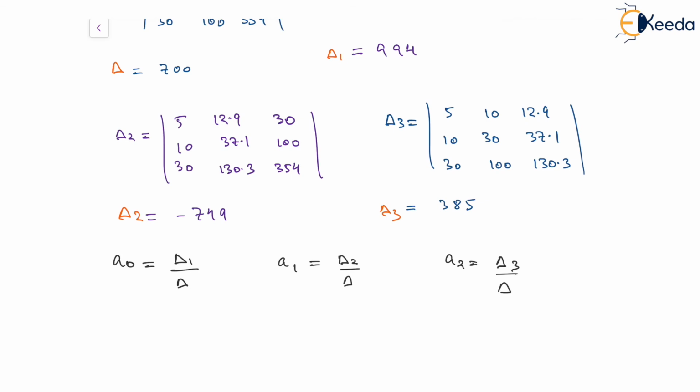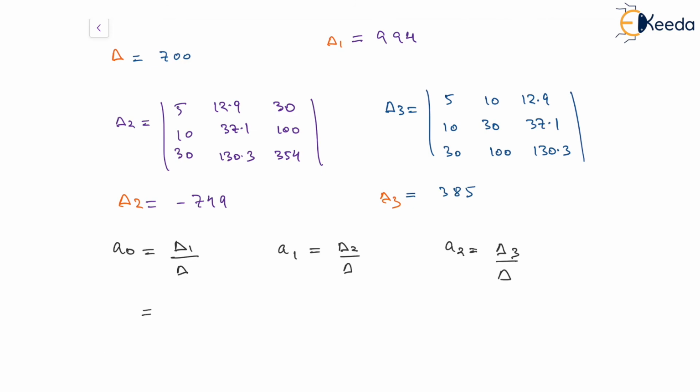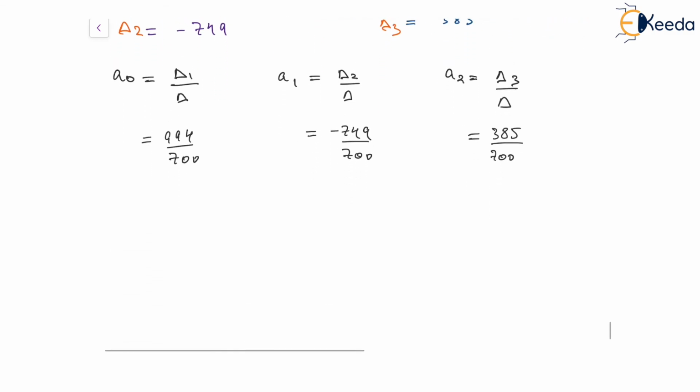These values will be 994 over 700, negative 749 over 700 and 385 over 700, which will be equal to A naught equal to 1.42, A1 equal to negative 1.07 and A2 equal to 0.55.